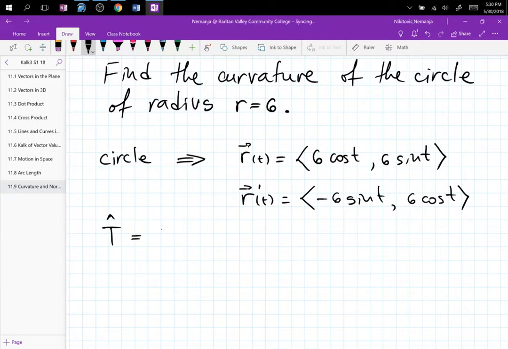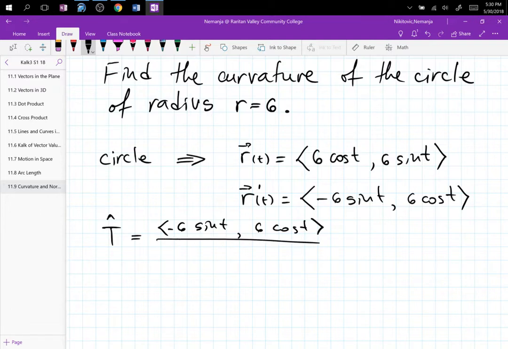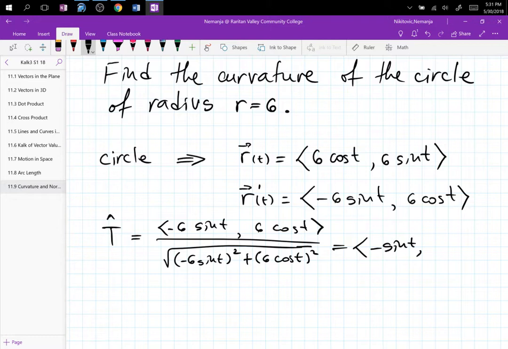So that's going to be negative 6 sine t, comma 6 cosine t, divided by the magnitude of this, and the magnitude is, when you square this, what do we get? 6. Right, so we get the square root of negative 6 sine t squared plus 6 cosine t squared, and that just gives us 6. So the unit tangent vector is simply negative sine t, cosine t, because 6 is cancelled.